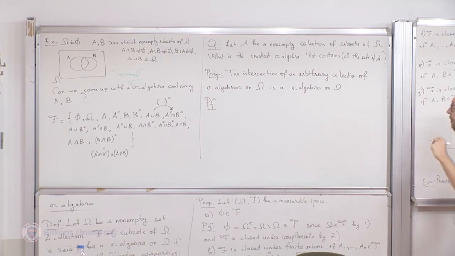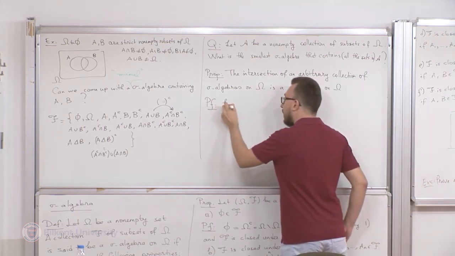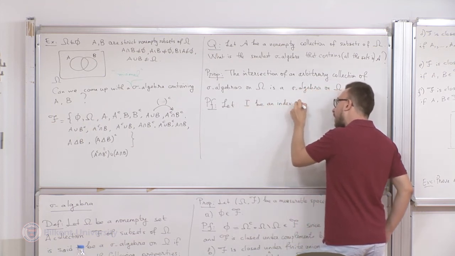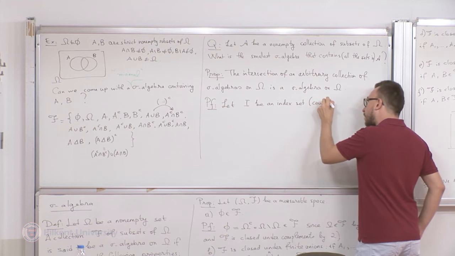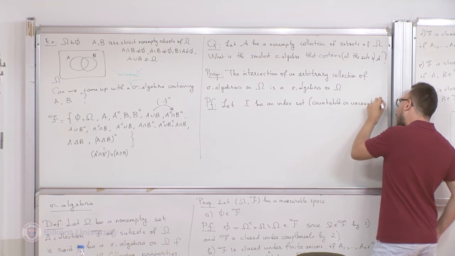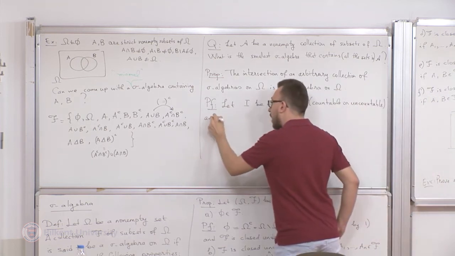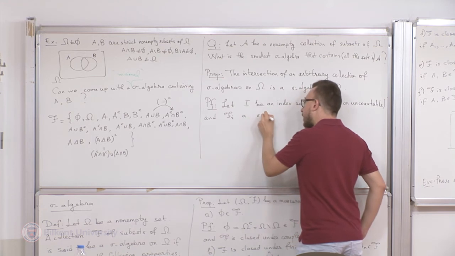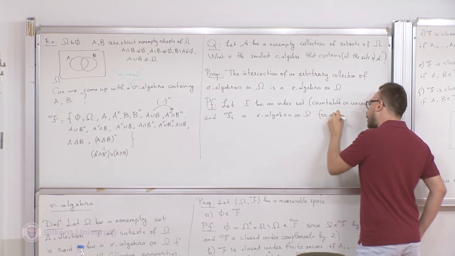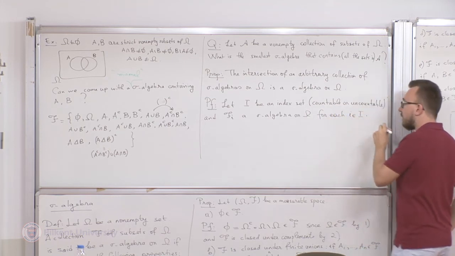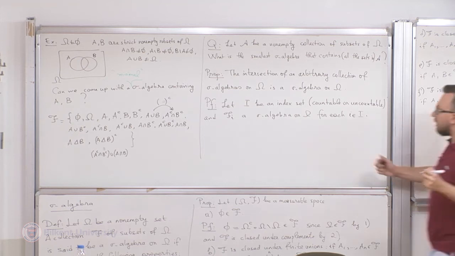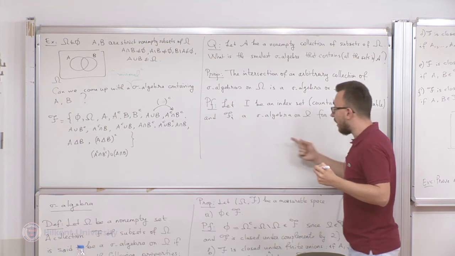Let me first state it formally. So let I be an index set, countable or uncountable, we don't care, and Fi a sigma algebra on omega for each i in this index set. So this index set is the set I'm using to index those sigma algebras.